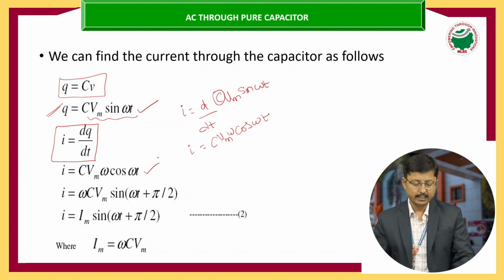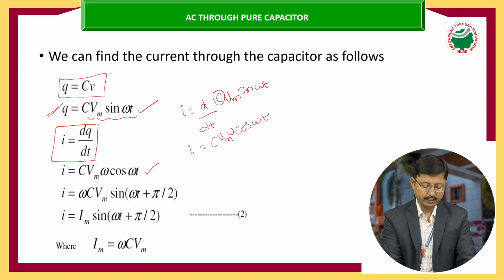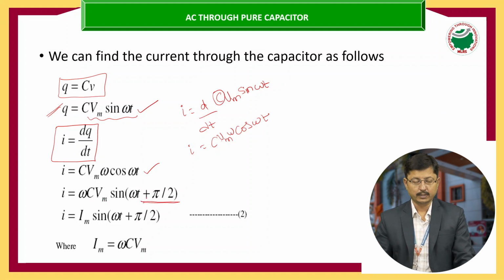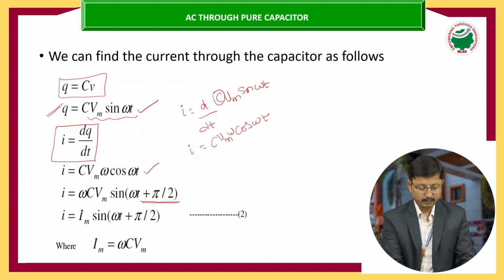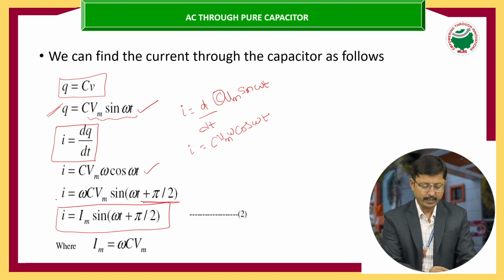I can convert this into my standard expression in terms of sine, that is I equals omega C Vm into sin omega t plus pi by 2. So I equals Im sin omega t plus pi by 2.